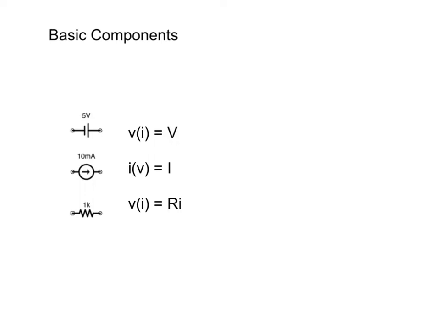Remember, the IV characteristic says that the voltage as a function of the current is just a straight line. It does not depend on the current.